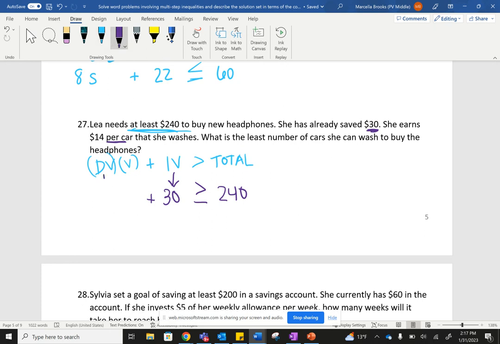All right, so $14 per tells us that's the dependent variable. The variable is the number of cars she can wash to buy the headphones. So we're going to put C for our variable, cars. That's what we're looking for.